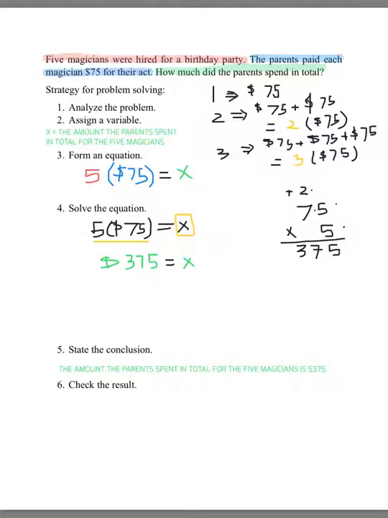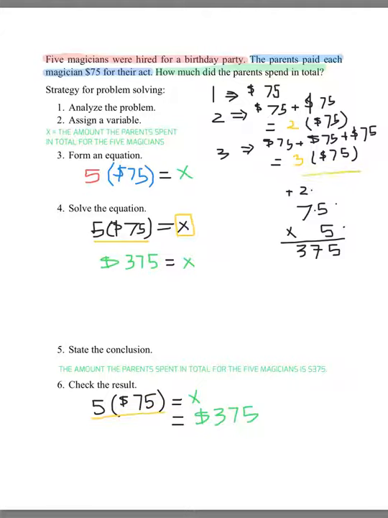So again, we always begin with the original equation found in step number 3. So it's going to be 5 times 75 equals our variable x. However, we now know what our variable x represents numerically, and we know that to be 375. So all we need to do on the left-hand side is multiply 5 by 75.